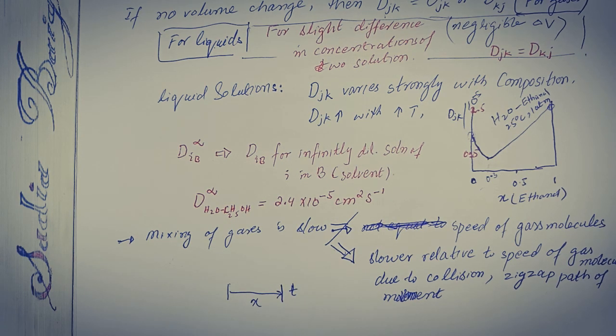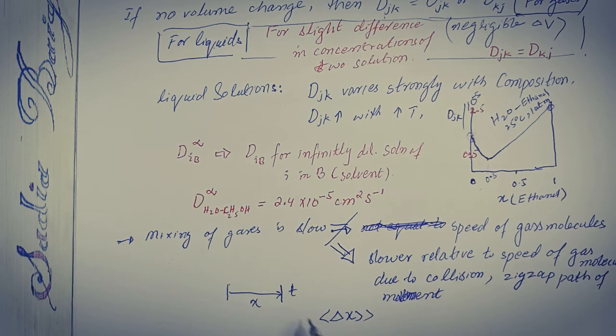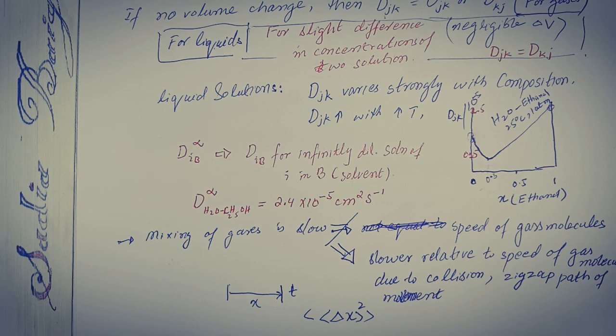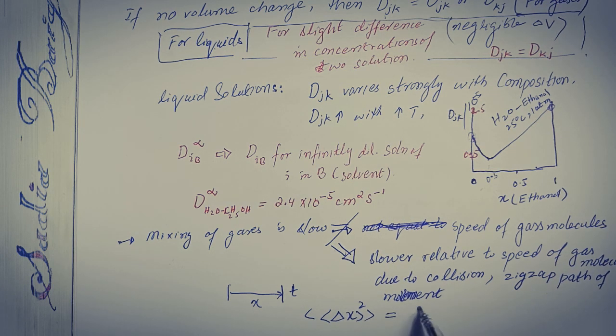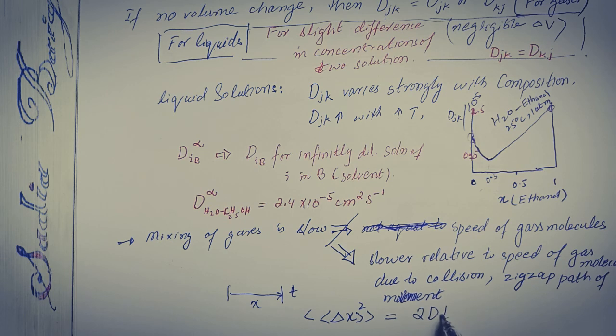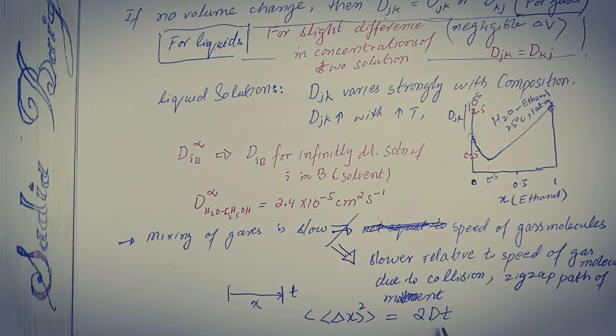It is defined by the Einstein equation, which gives that the average of the square of displacement is equal to 2Dt, where D is the diffusion coefficient and t is the time interval.